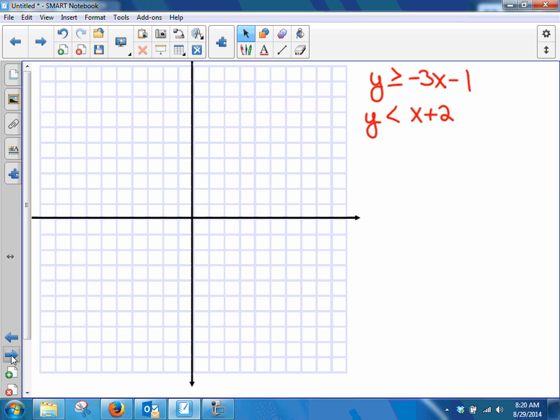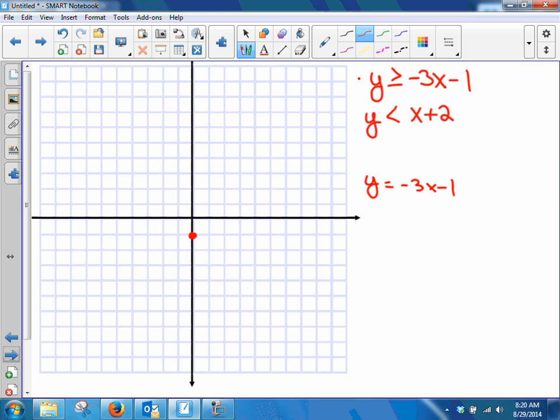Okay, so first one, how am I going to graph that y is greater than or equal to negative 3x minus 1? Logan? Go down 1 on the y-axis, and then your slope is negative. Right, you just graph it like a normal line. So treat it as y is equal to negative 3x minus 1.